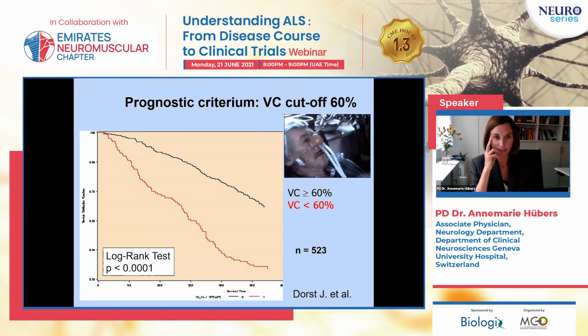We know that, for example, non-invasive ventilation can be very helpful to increase survival, as we know that patients that show a vital capacity of under 60% show a significantly decreased survival time. Here you can see the survival curves. This is vital capacity above 60%, and these are the patients with a vital capacity of 60% or lower.